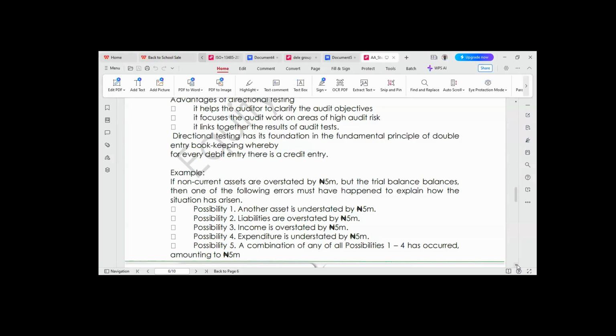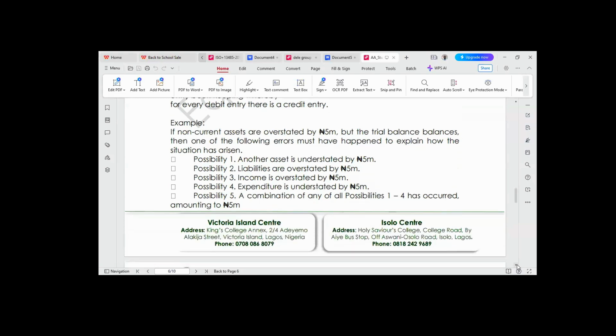So if there's an error in your statement of financial position, if you look closely, you will see that in your trial balance, either you have understated your asset by 5 million, or you have overstated your liability by 5 million, or you have overstated your income by 5 million, or you have understated your expenditure by 5 million, or it's a combination of all the possibilities that I've just explained.